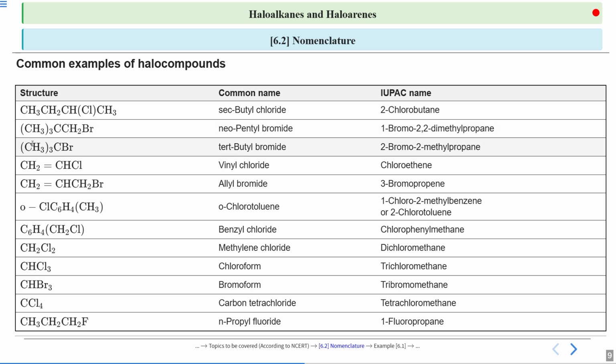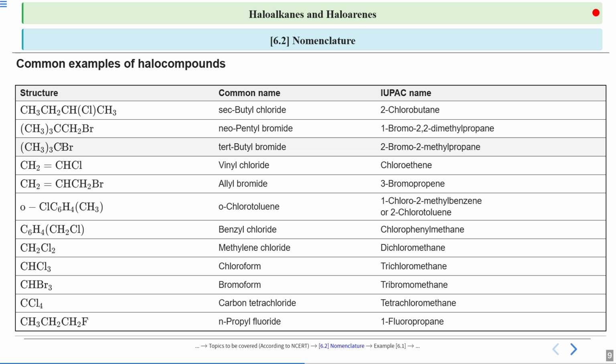One will be contained in the parent chain, and the other two will act as substituents. At the first carbon we have bromine, at the second carbon two methyl substituents, and the third methyl is contained in our longest possible parent chain, so the propane name counts it. The IUPAC name will be 1-bromo-2,2-dimethylpropane.